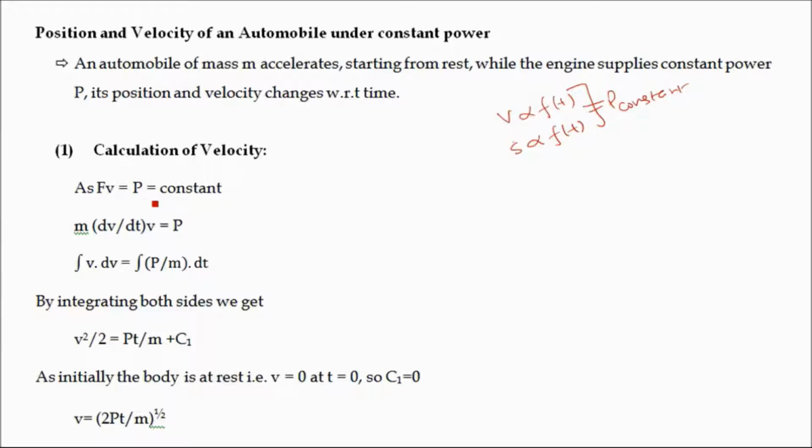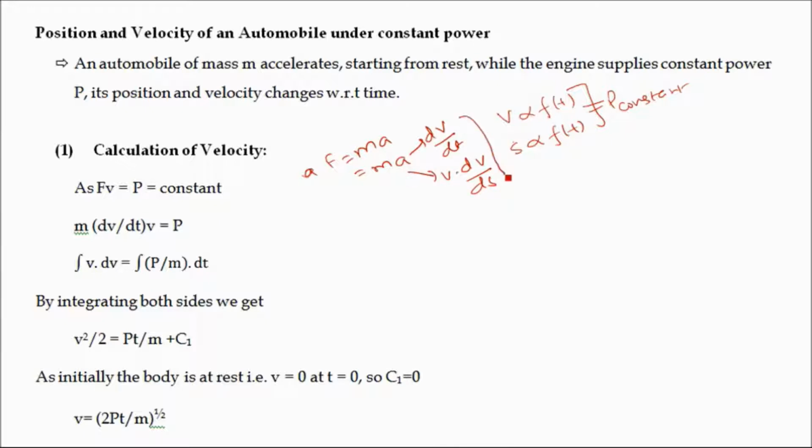As we know, power is defined as F dot V, and it is constant. So F into V is equal to a constant, and we denote it by P. Now the force is given by m into a, where a can be written in two forms: either dv by dt or v into dv by ds.